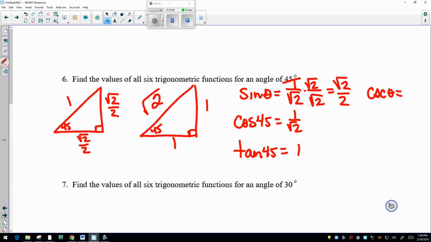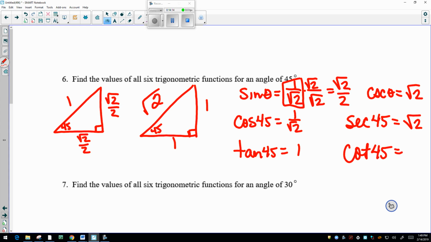If I think of sine as being 1 over radical 2, well then cosecant, the reciprocal, is radical 2. Reciprocal of cosine is secant. And if I, again, do the reciprocal of 1 over radical 2, I get radical 2. And cotangent, the reciprocal of 1, is 1.